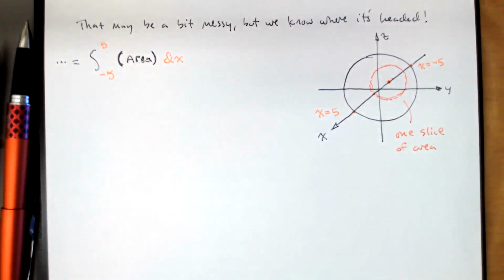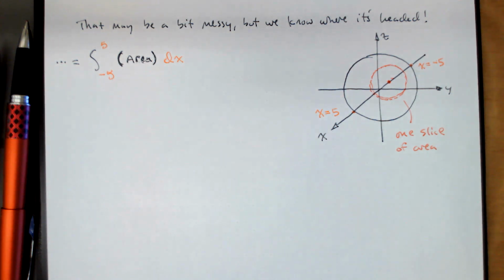But now we're back in single variable calculus. We're trying to find the volume of the sphere, and we're going to look at this sphere as a stack of circles. We're going to imagine the sphere as a stack of circles.